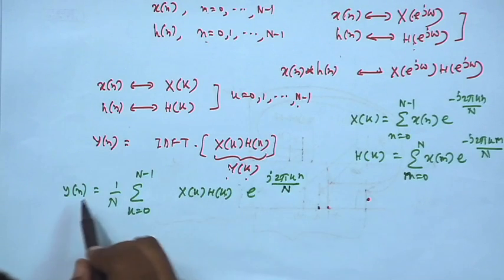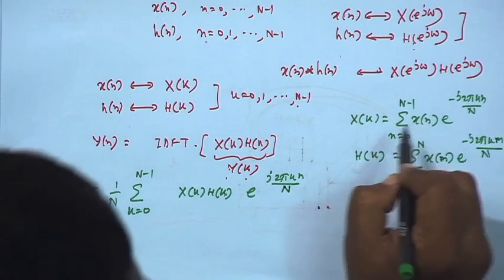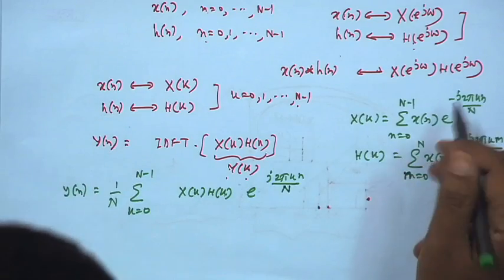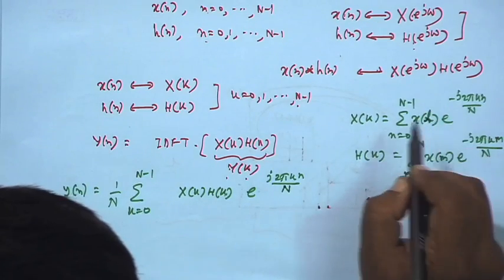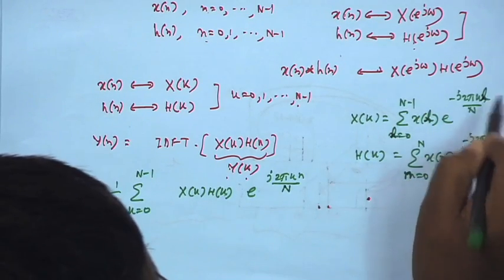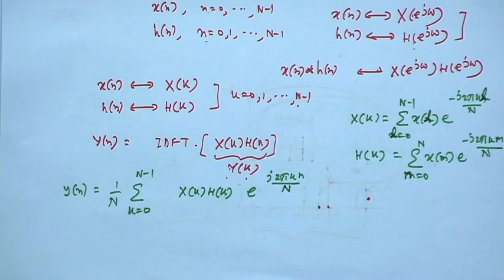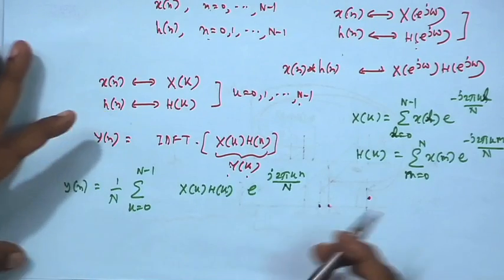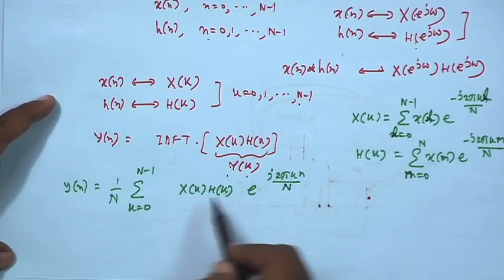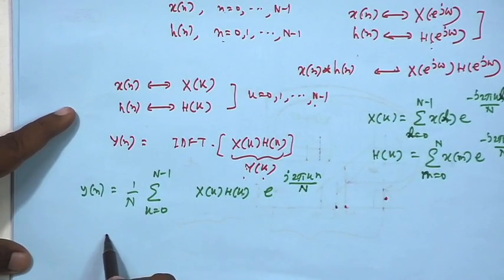Okay. Since small n is used here, let me change this index also from here. Okay, let me call it L, because n is used up here. So, I cannot use another n there, all right. Now, capital Xk replaced by this, Hk replaced by this.